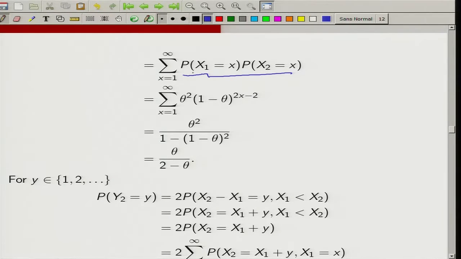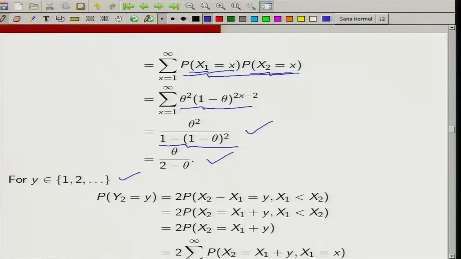Each of them would be same. Probability x1 is equal to x is same as probability x2 is equal to x, and each of them is theta times 1 minus theta to power x minus 1. So, the product would be this quantity, which is again a geometric series. You can sum it. The first term here is 1 and common ratio is 1 minus theta square. So, this turns out to be this, which is same as theta upon 2 minus theta. So, this is for y is equal to 0.